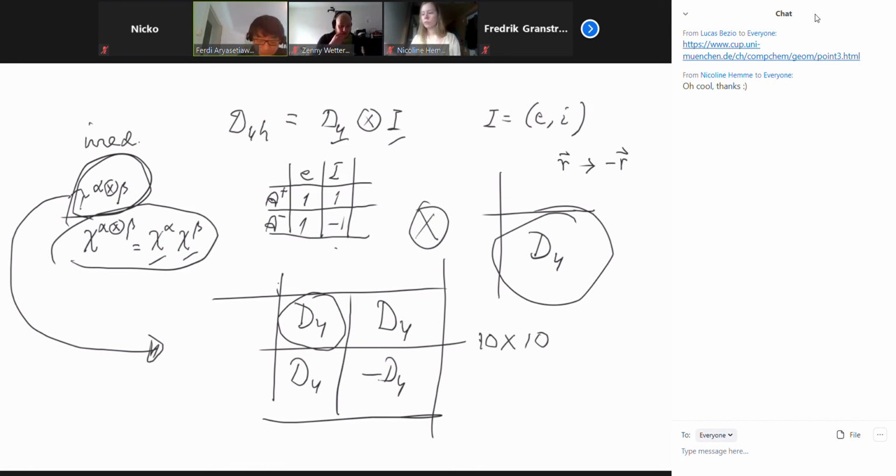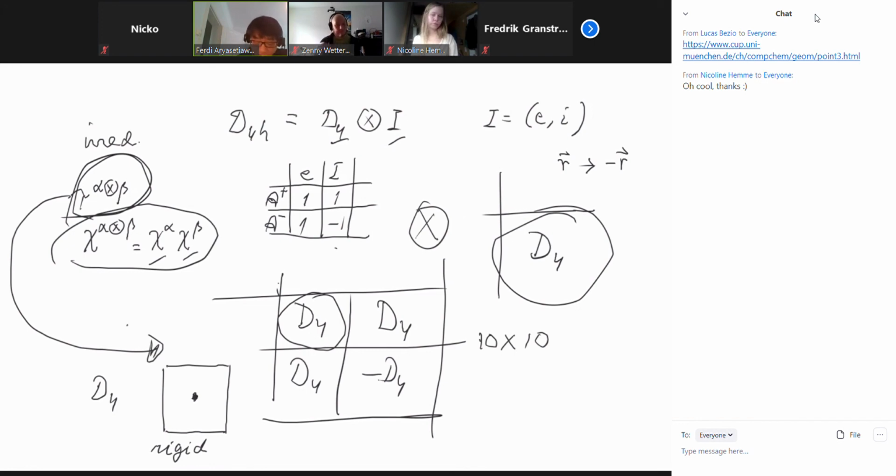So if you include this, the group D4 is the group of a perfect square, the regular square. It's a group which is the symmetry of this square, rotation about its center.